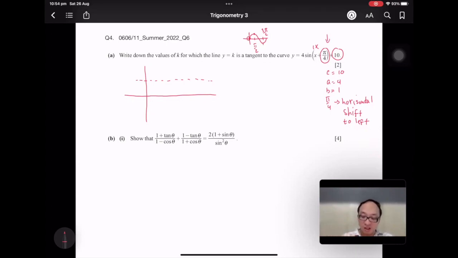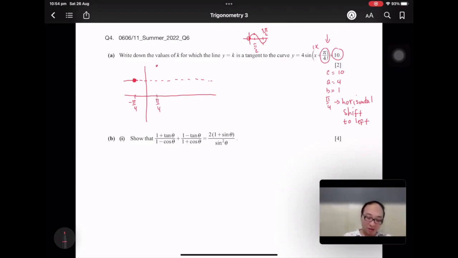So the 0 now will be at negative pi over 4 because it shifts to the left. So I can start the 0 from the principal axis at negative pi over 4. And then the maximum is at pi over 2 minus pi over 4, so it's at pi over 4.